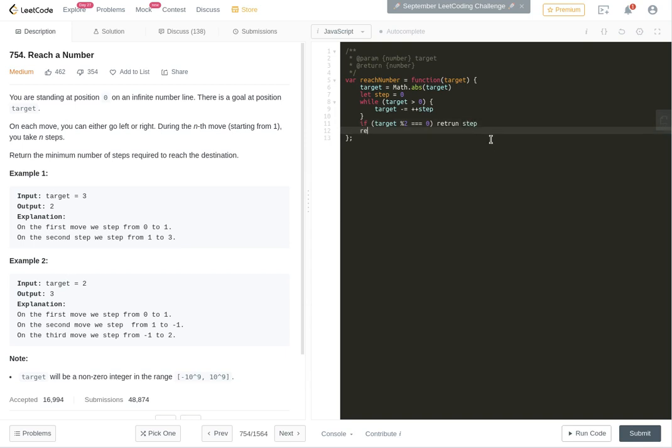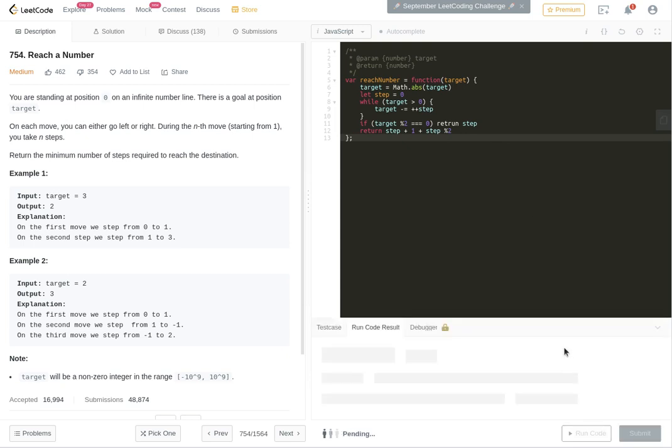Otherwise, I guess we'll return, and here's the non-intuitive math, the number of steps plus 1 plus step modulo 2. And so this right here is like, what? Let's see if this works.